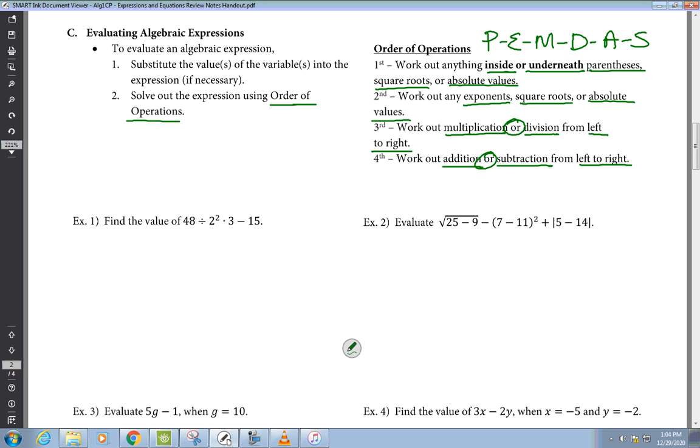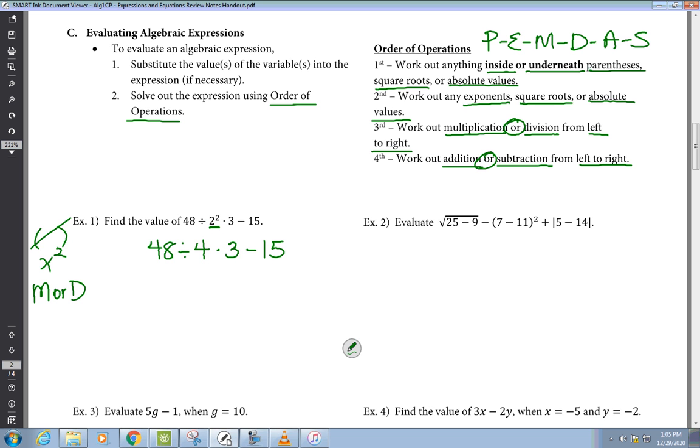So for example 1, 48 divided by 2 squared times 3 minus 15. So parentheses, there's none, so we don't have to worry about it. Exponents, you have 2 squared. So 2 squared is 4. 48 divided by 4 times 3 minus 15. Now we multiply or divide.